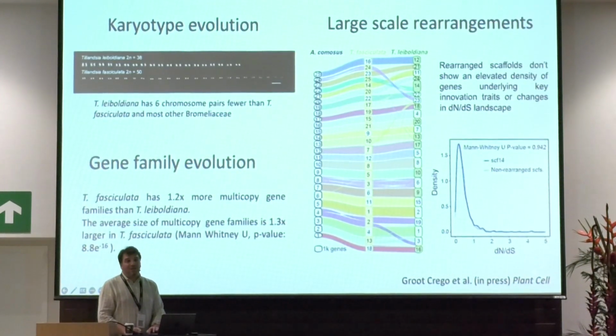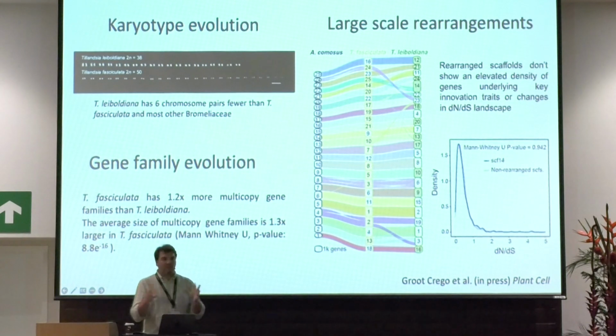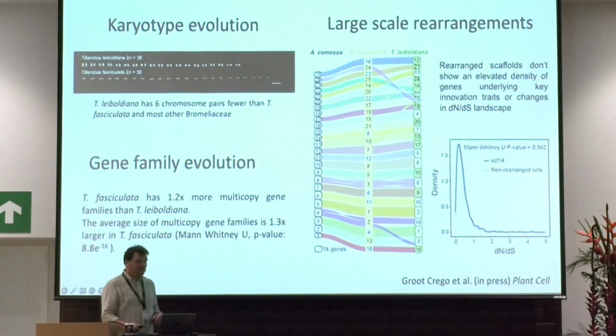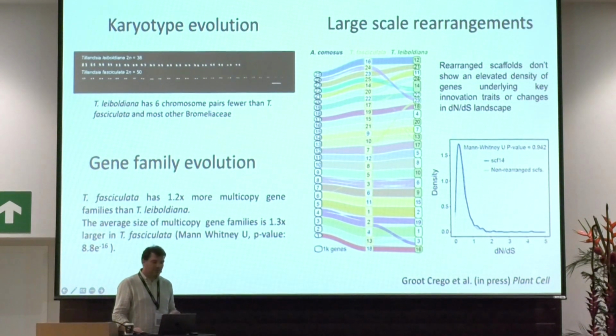We always find surprising results. This subgenus, as well as the whole family, is supposed to have a quite stable karyotype with 25 chromosomes, x equals 25, right? But then we sampled two species and found that one of them has 6 chromosome pairs fewer. Tillandsia leoboldiana, the C3-like plant, has x equals 19.